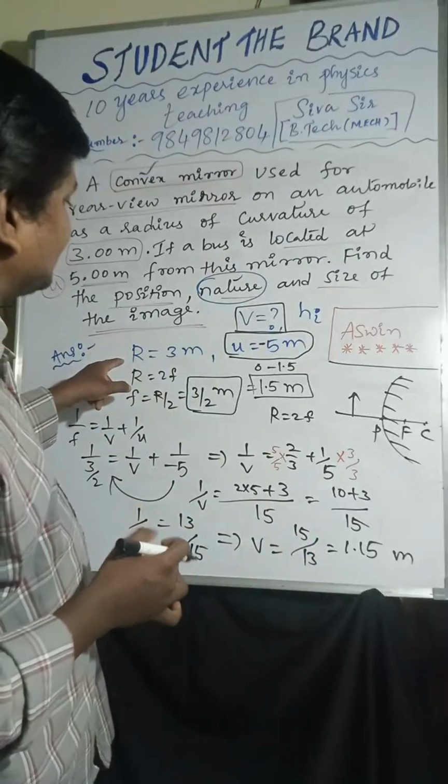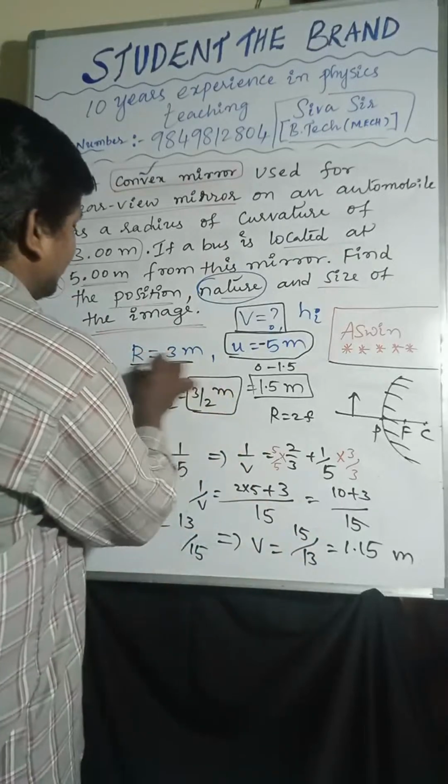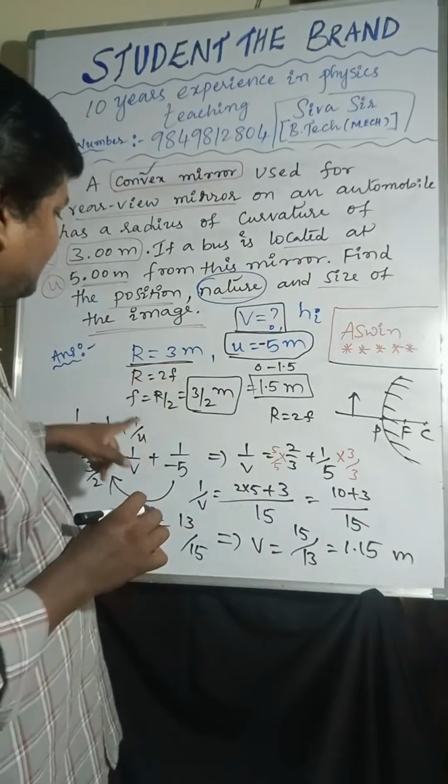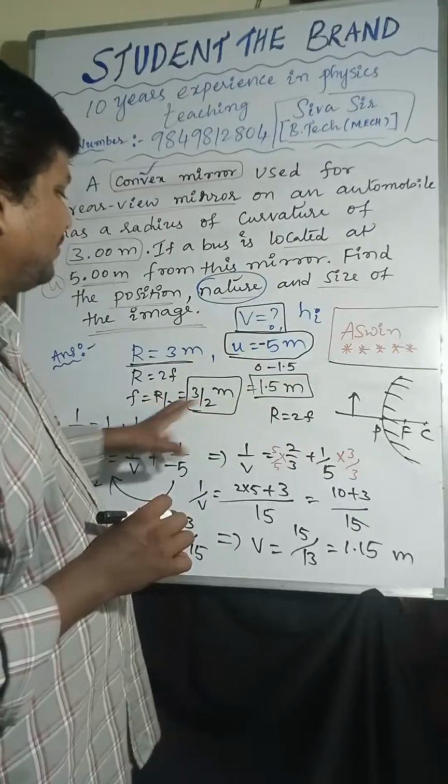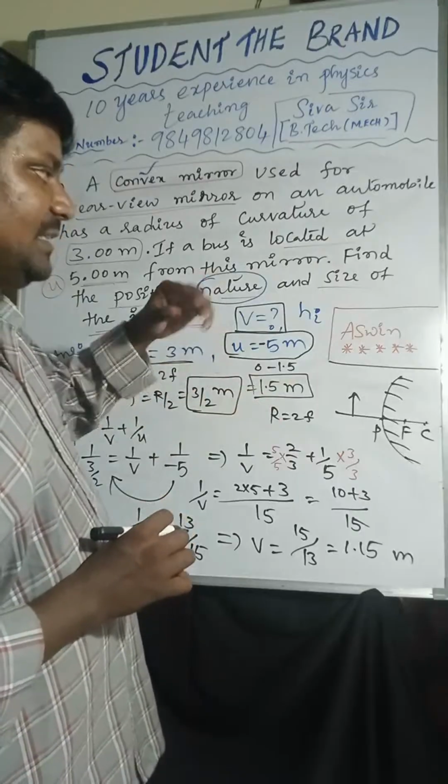Anyway, radius of curvature we got is 3. R equal to 2f, so f equal to R by 2, that is 3 by 2, that is 1.5. So the f value you got. The object distance, anyway, is negative.